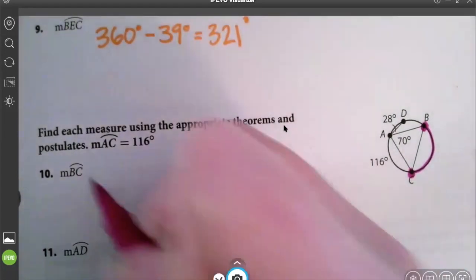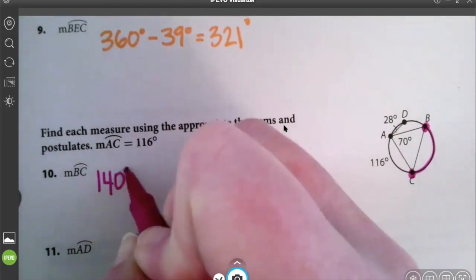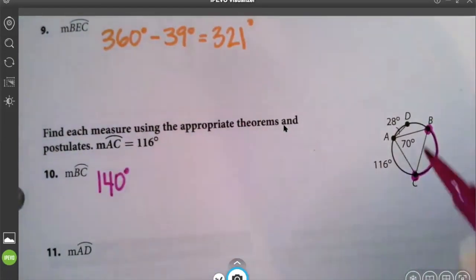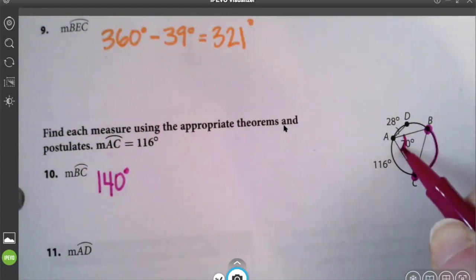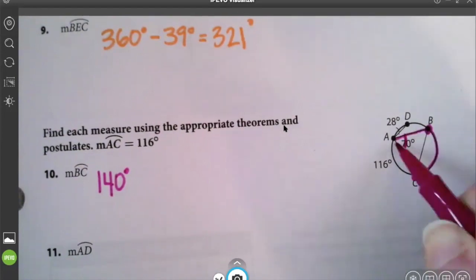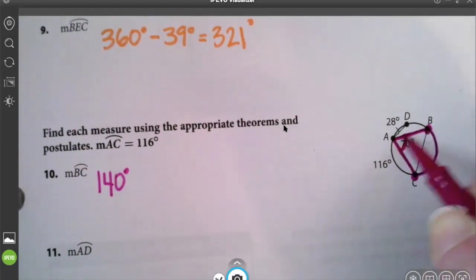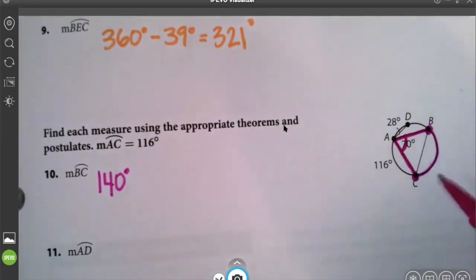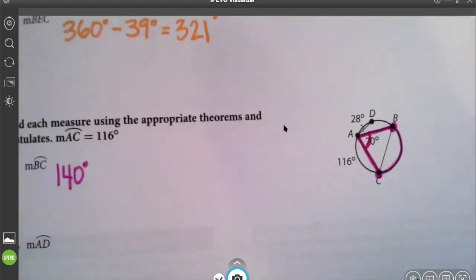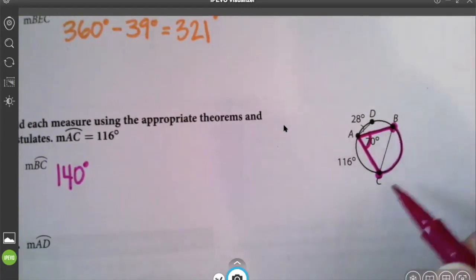Good. And he knows that's 140 because this angle down here is 70, and those endpoints subtend or create arc BC. So an inscribed angle is half the measure of the arc that it makes. So 70 is half of 140.